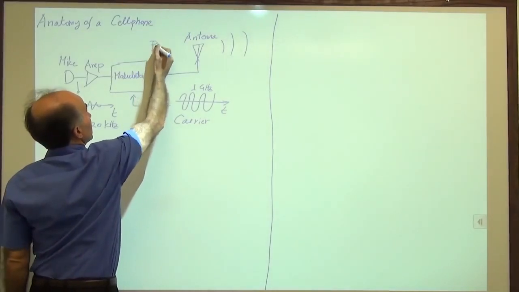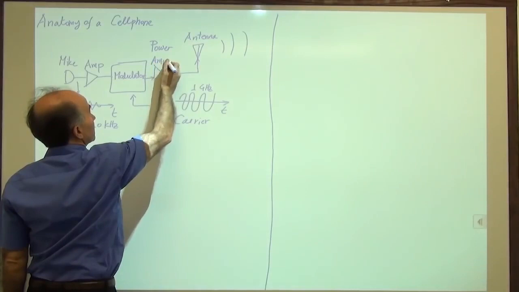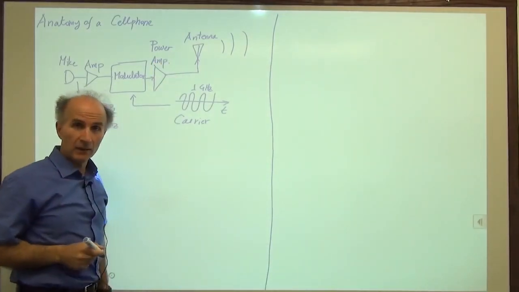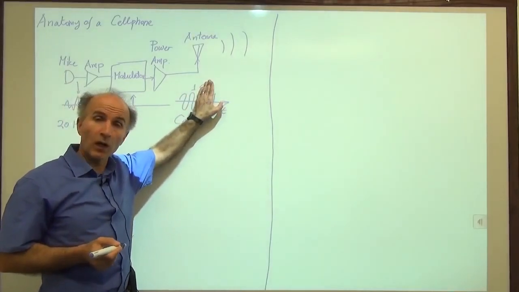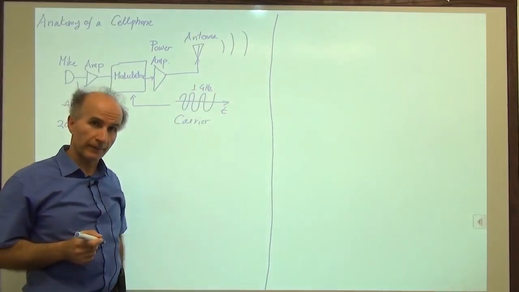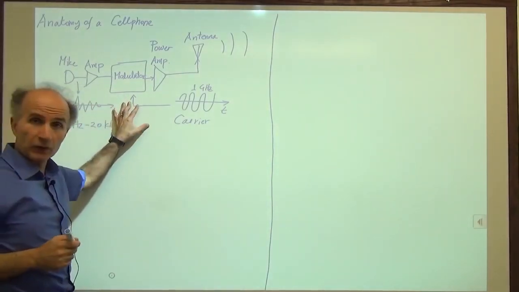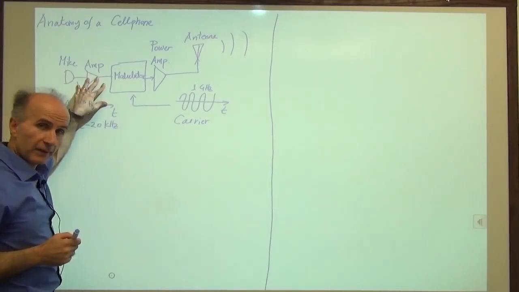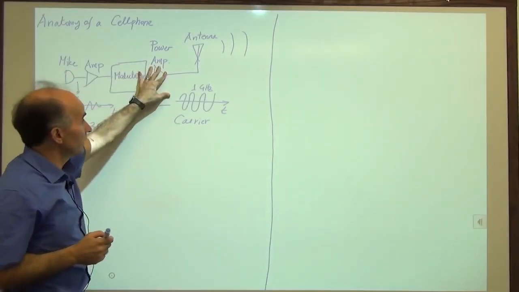So here we have a power amplifier, a PA. A cell phone might transmit 500 milliwatts, even a watt at this point, so that goes a long range. All right, so we see most of the blocks that we would need. Some sort of processing of the audio signal, a modulator, a power amplifier.